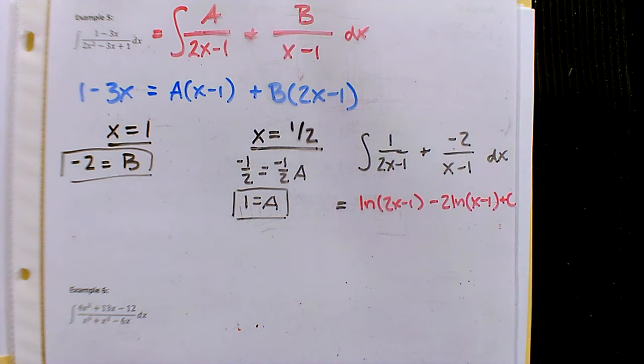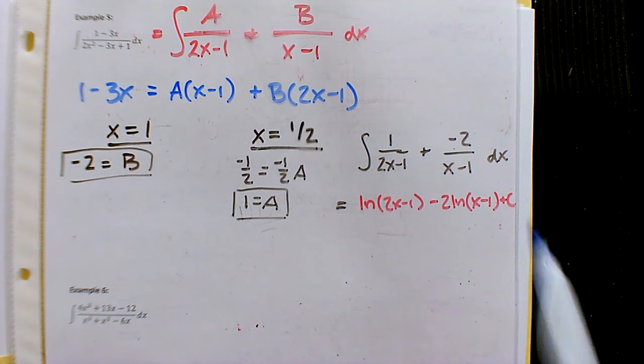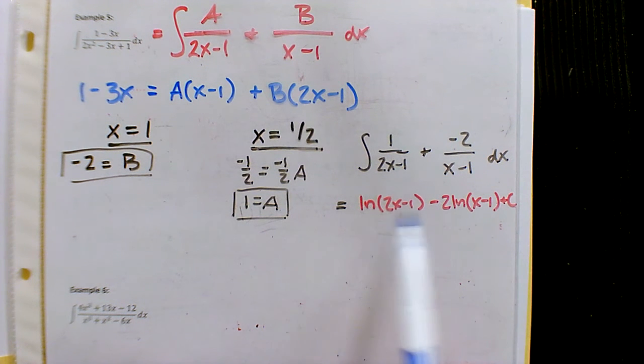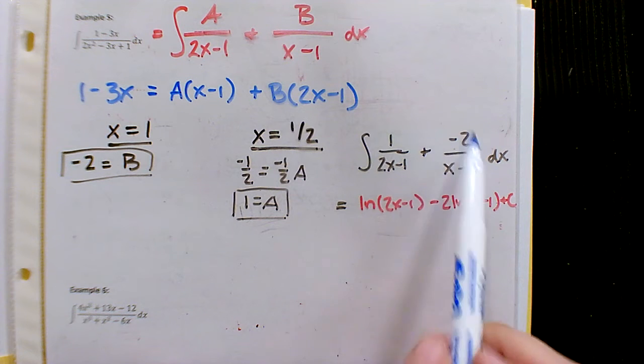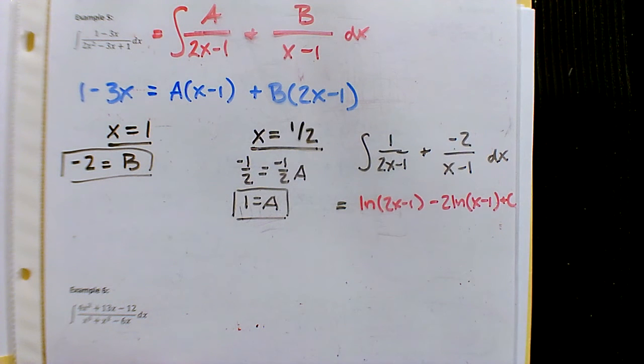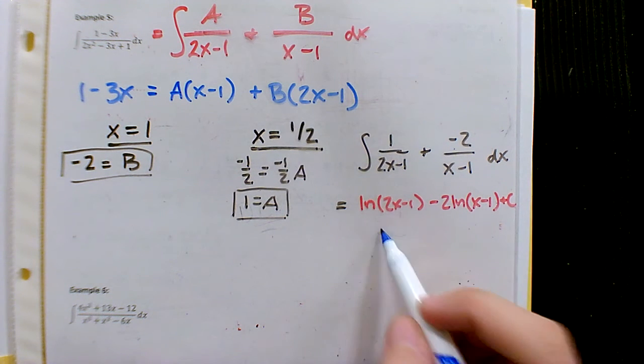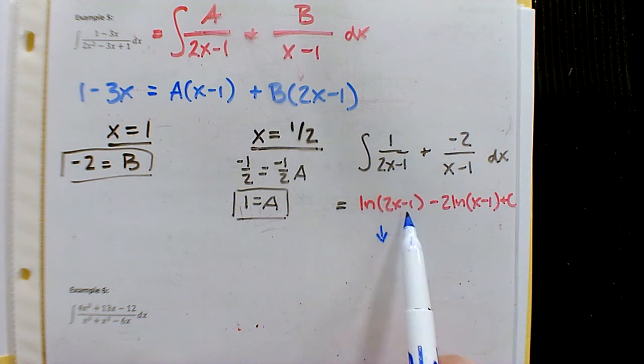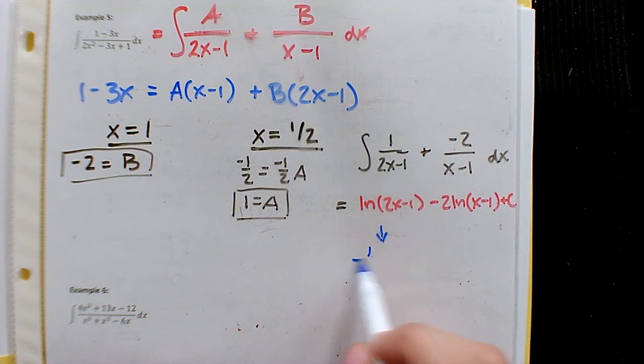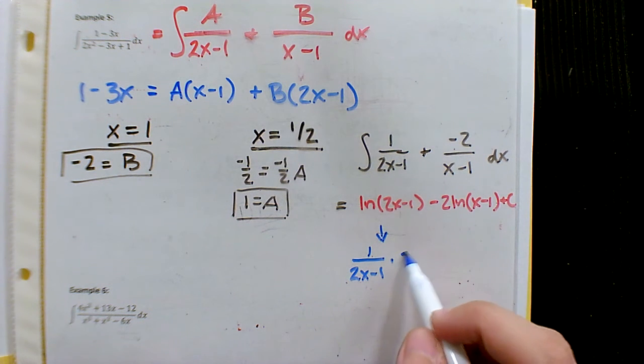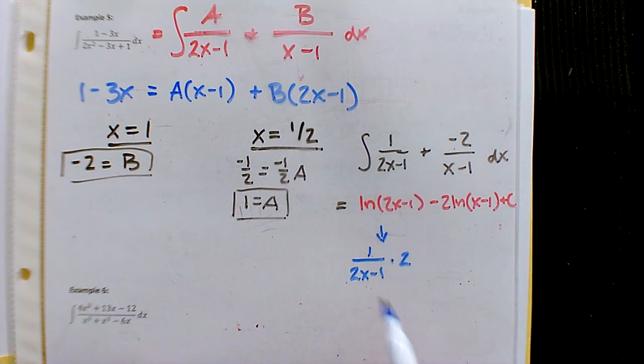All right, let's check this out. This one's a little tricky, okay? We know that if we were to take the derivative of these two, we would get the two fractions in the integral, right? So if we were to take the derivative of this guy, we would need 1 over the inside times the derivative of the inside, right? Because we have that chain. So notice how when that happens, we have 2 over 2x minus 1.